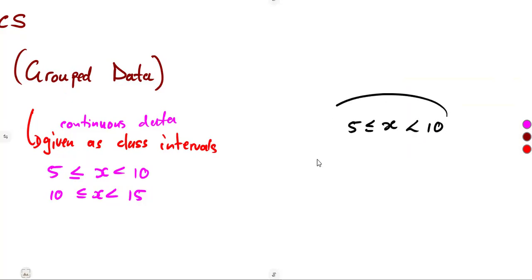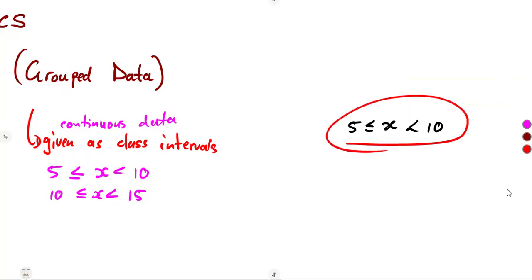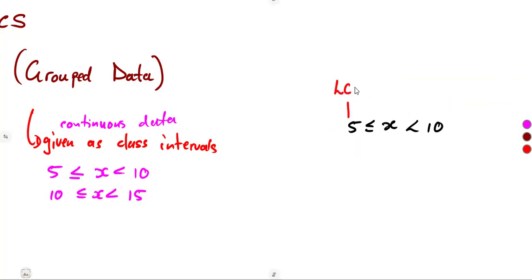It represents the lower class and the upper class. These are like the boundaries of the class. So we have the lower class boundary, and also the upper class boundary of the given class interval, where we can even figure out the class center or the class midpoint of the given interval.